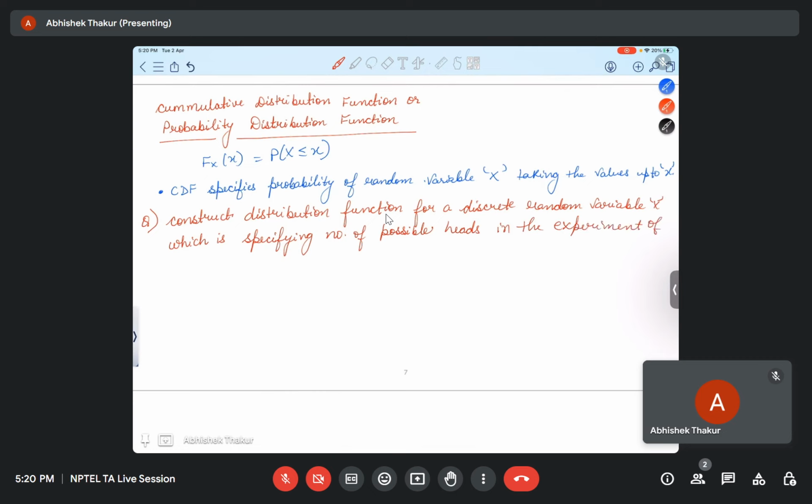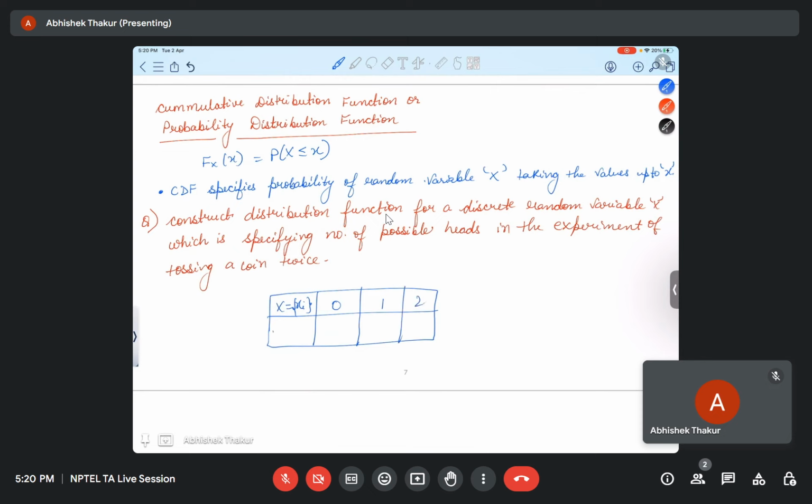So it is the same question, that is the experiment of tossing a coin twice, and we have to construct the distribution function for this. So first we will give the probability mass function. Three values it can take, 0, 1 and 2.